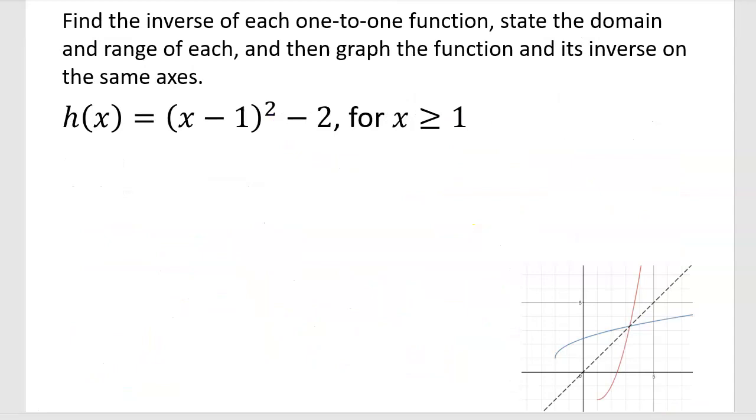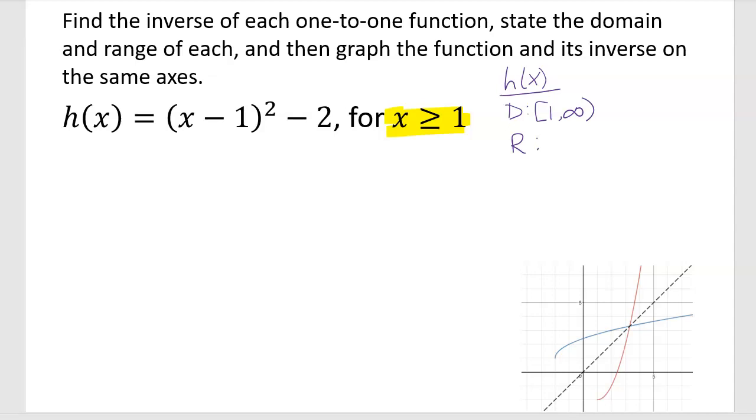So going on to h of x here, you can see we have a very similar situation to what we were just dealing with. The h of x function is a quadratic, but they have limited the domain. So I can go ahead and write that the domain of h of x will be 1 to infinity, with a bracket on the 1, because they have established the domain already for us.